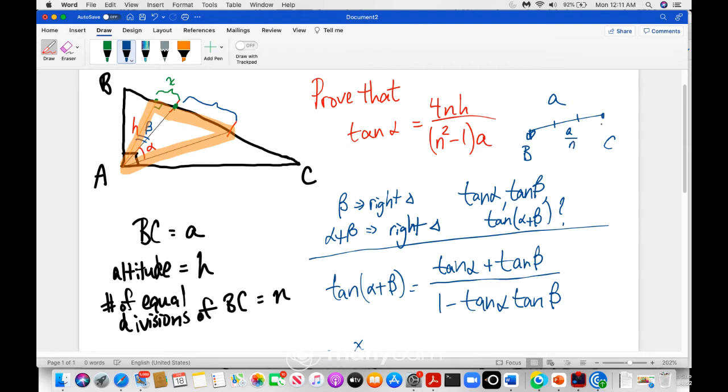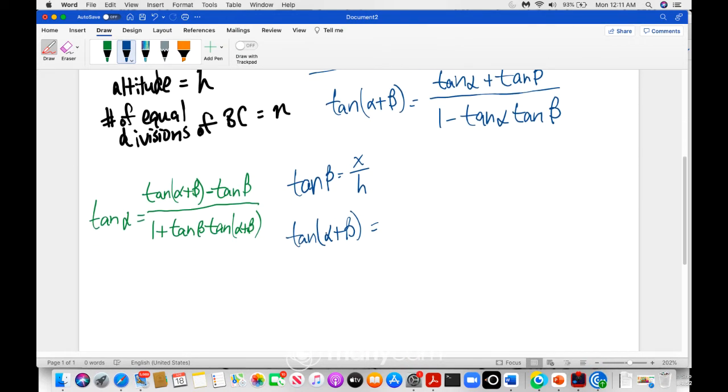So in the simple case that n equals 3, then you would have a over 3 plus a over 3 plus a over 3, which equals a. Imagine that a is just 1. We're talking about a unit segment, and this would be a third plus a third plus a third.